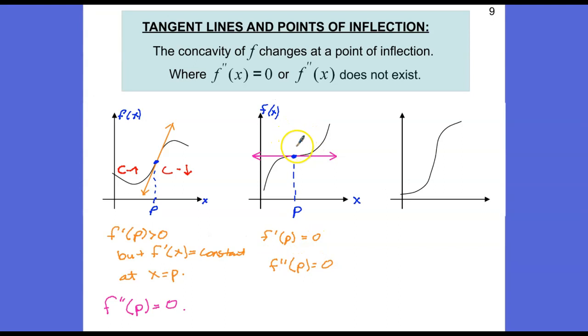And once again, our point P divides the graph into two regions where it is concave up and concave down. So in both of these cases, we have a situation where our point of inflection divides our graph of f into two regions that are concave up and concave down, or vice versa. And in both cases, the second derivative is equal to 0.